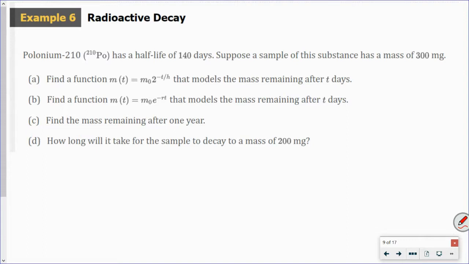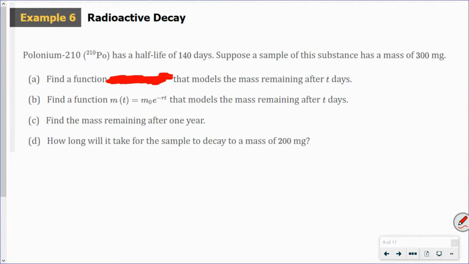Okay, so here we have radioactive decay, with a half-life of 140 days. Suppose a sample of the substance starts with a mass of 300. Now, the book used slightly different formulas, so we're not going to use their half-life formula. It's identical to ours, just written a little bit differently.